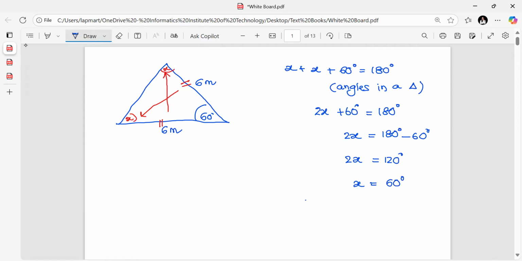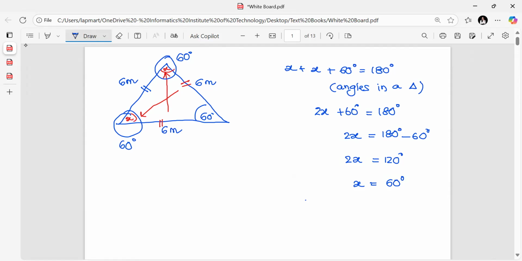Right? That means if this is 60, and this is 60, this should be an equilateral triangle. This one also should be 6 meters, right? We don't get that same kind of question in the exam.